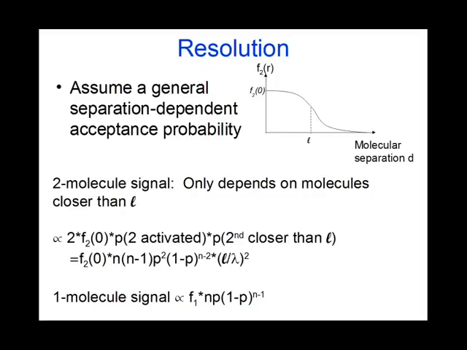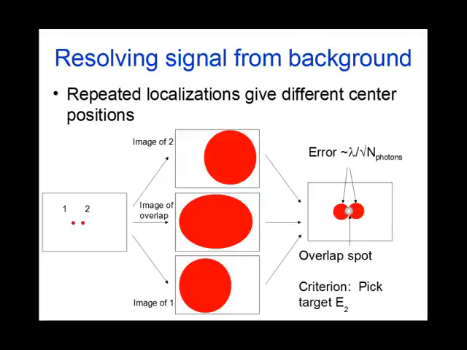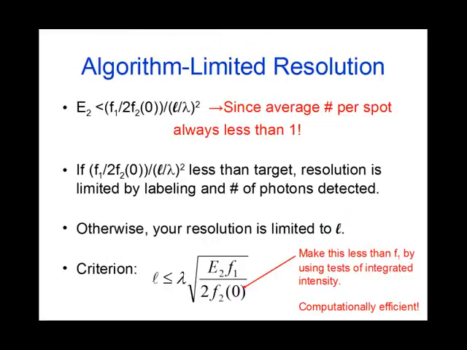So we can calculate as a function of algorithm performance and activation probability basically how many counts you're getting from the 2-molecule images here and how many you're getting from the 2 on the left and right. And we can get a criterion.